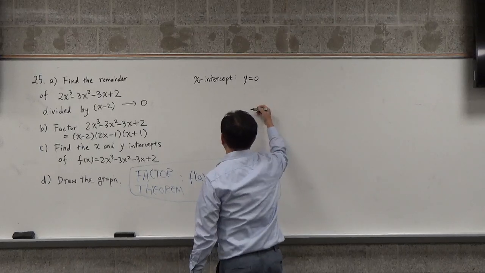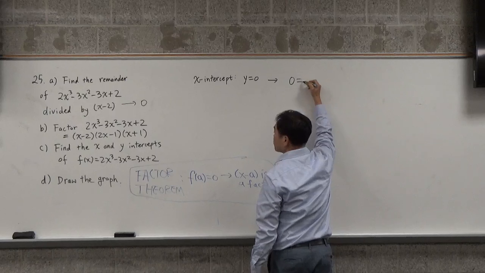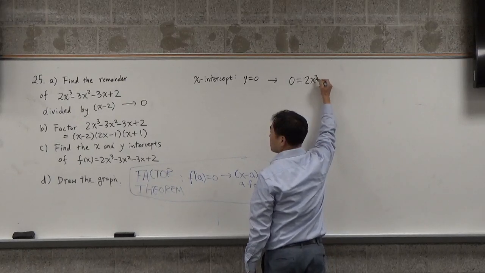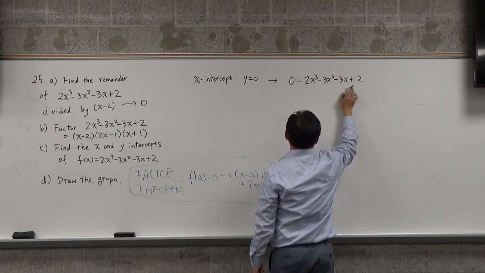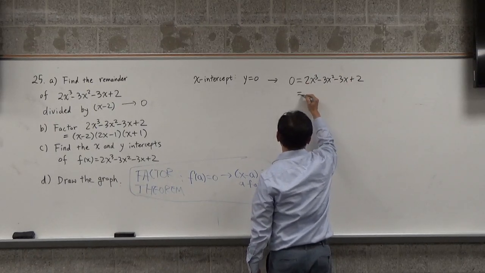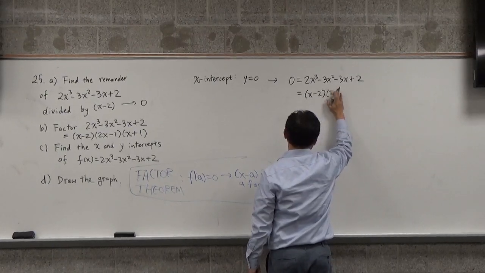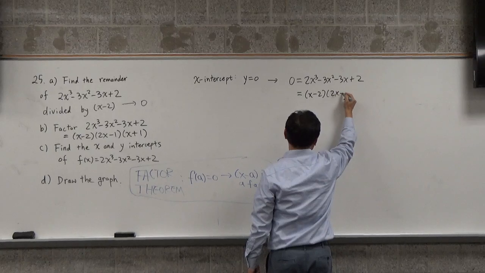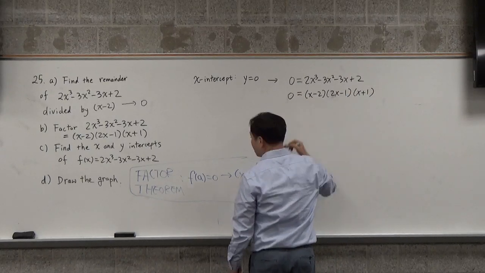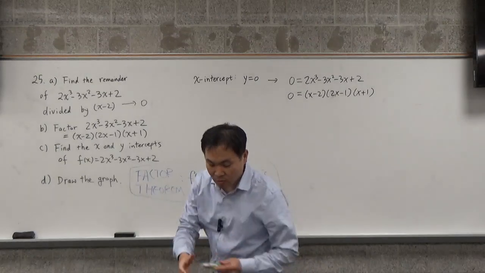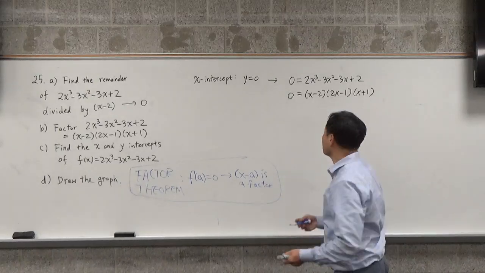Which means that in this graph, you set 0 equal to 2x cubed minus 3x squared minus 3x plus 2. But we already know that this is the same thing as x minus 2 times 2x minus 1 times x plus 1. That has to equal 0, and therefore you can solve this by using the factor property that you love, right? What's the factor property?